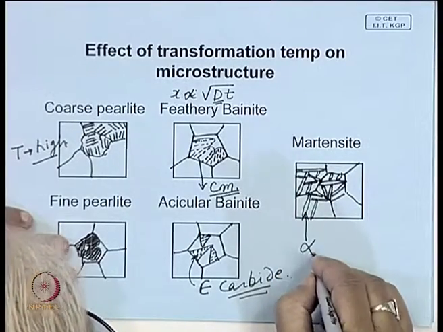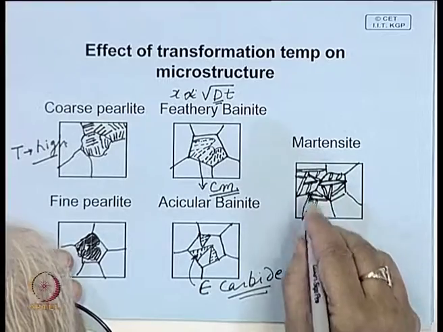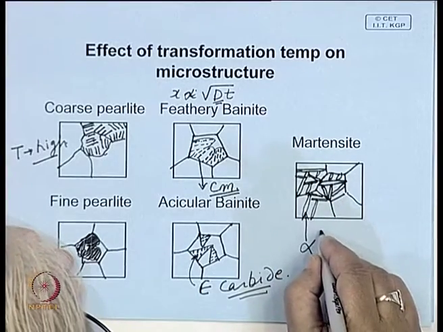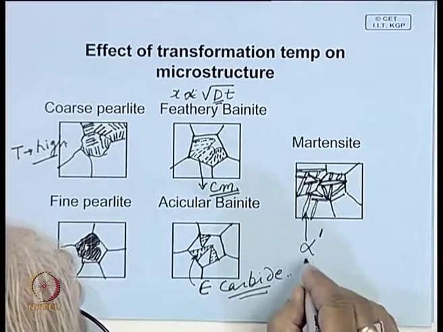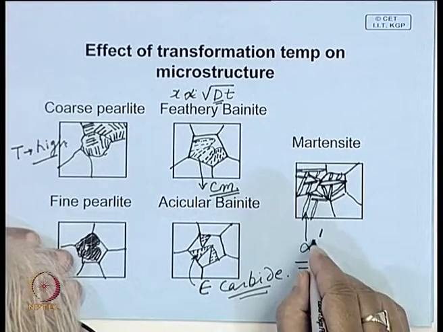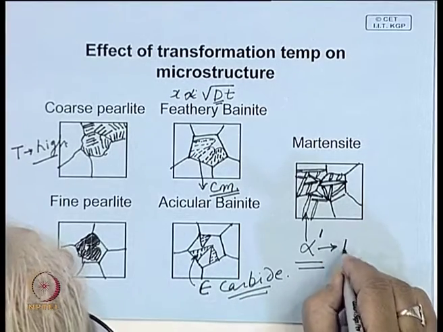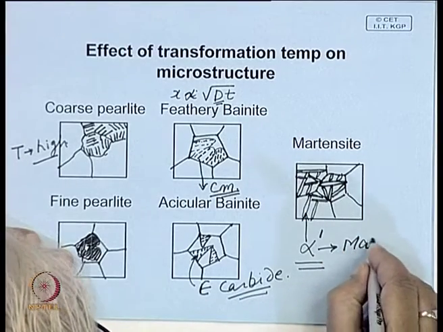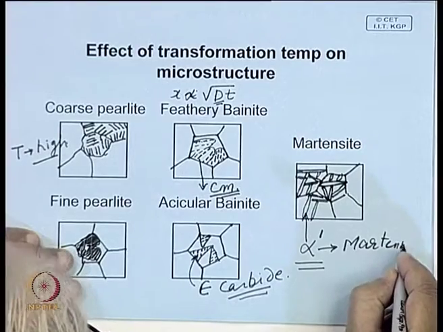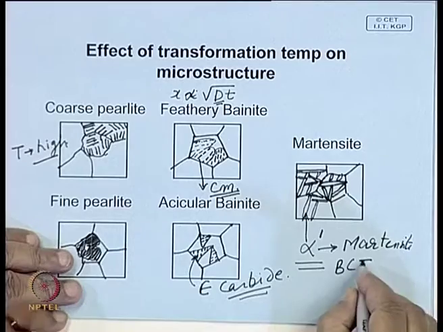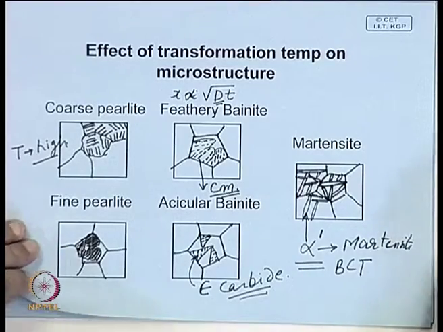They are all BCT structure, each has its own character, that is a different orientation, and we name it as alpha prime, and this is called martensite, and it has a body centered tetragonal structure.